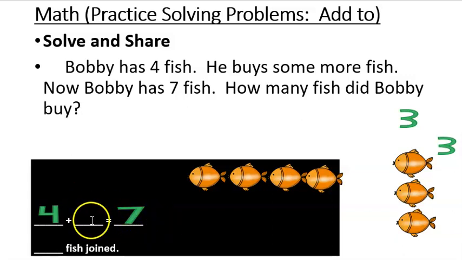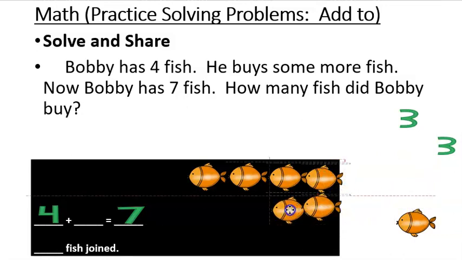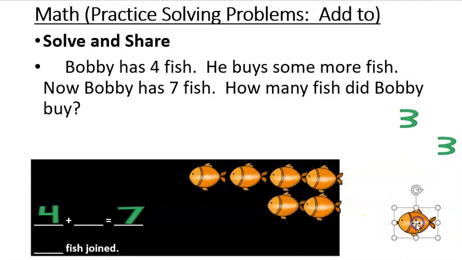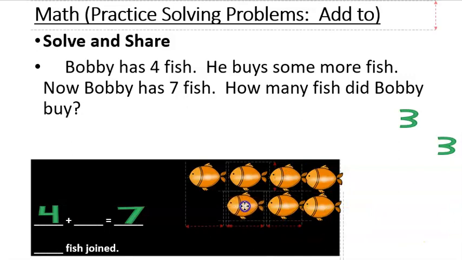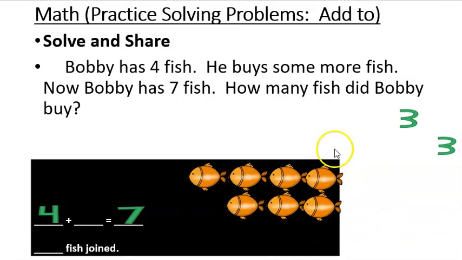But in order to do that, we're going to have to count up these fish and get the correct amount to equal 7. Watch, Mr. Brigade, watch me. This is how you're going to do it. 1, 2, 3, 4, 5, 6, 7. Now look, first graders, we have 7 fish now all together.